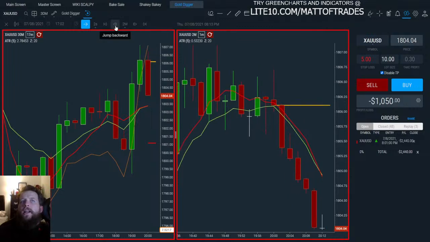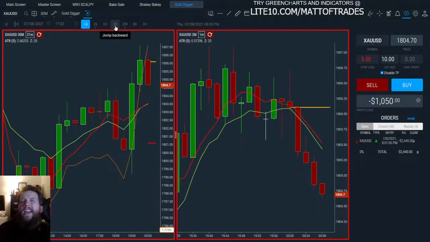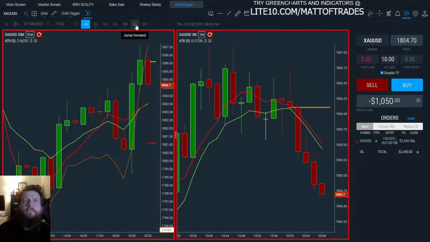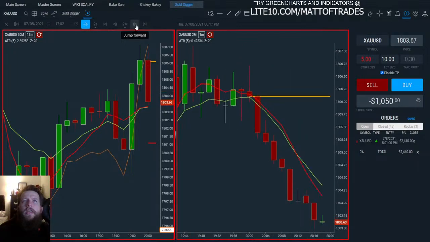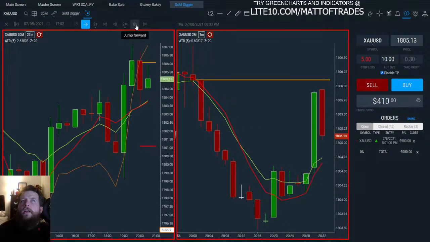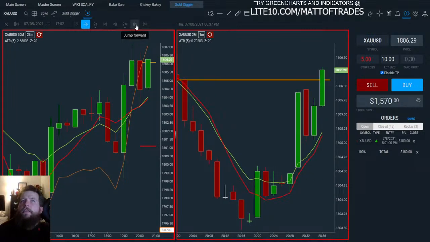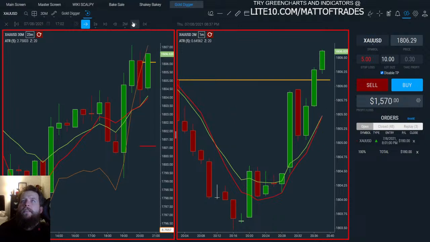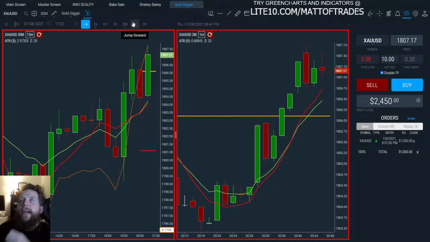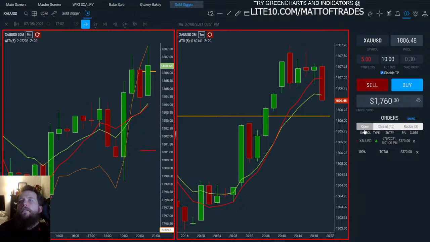Okay, hold on. We did get a switch though. Oh, I can't remember what I said I was going to do if there was a cross. It is in the loss right now, so I will keep it going until the orange flips as well. Okay, green's on top again. Okay, close that out.